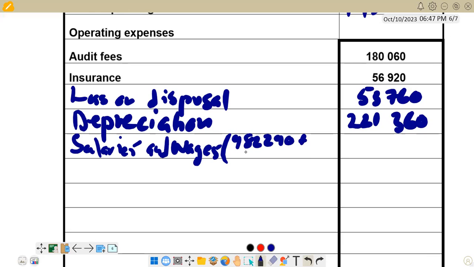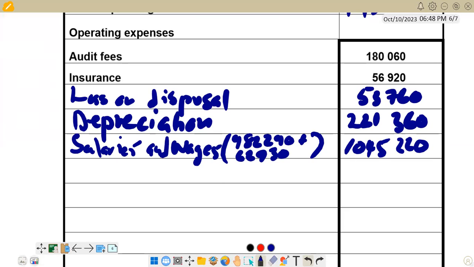Then we add the total that we got for gross salary, which is 62,930. If you do that, the total that we get there is 1,045,220. So that's the total that we have.